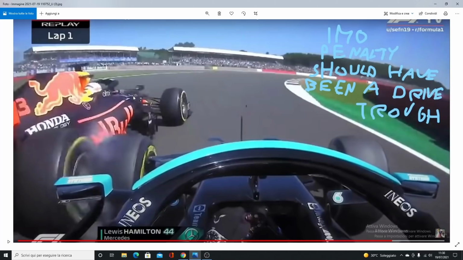That was not dangerous, this was really dangerous. Verstappen went to the hospital. Of course, you can't judge a penalty based on the impact, it's not what you do as a steward, but you have to count on the consequences of this crash, in my opinion.